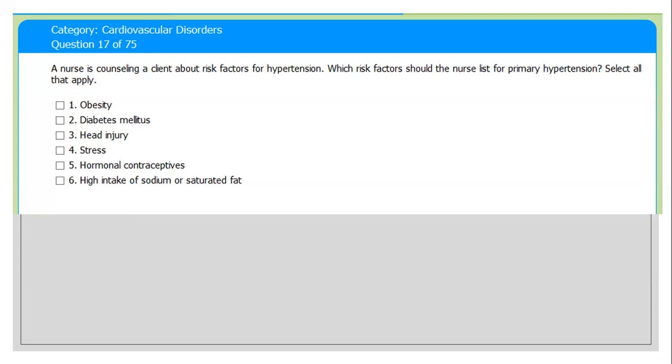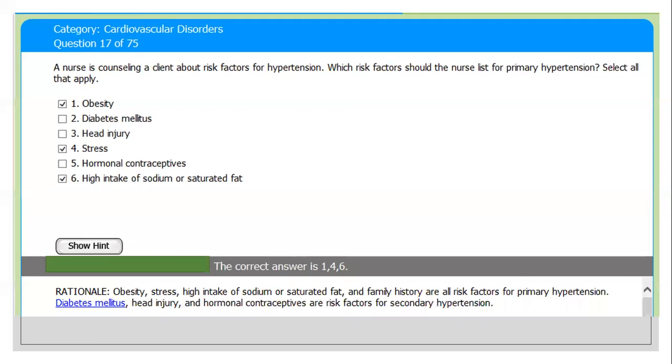And also stress, hormonal contraceptives, high intake of sodium and saturated fat. Very interesting question, and we are going to learn something today.